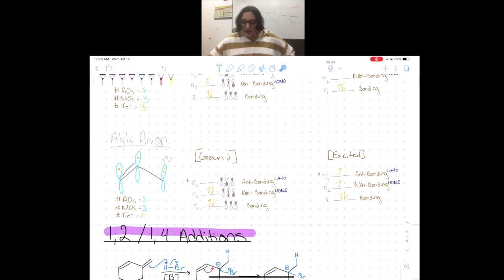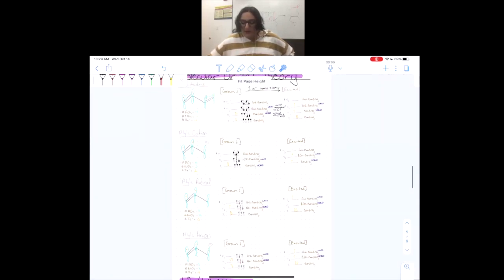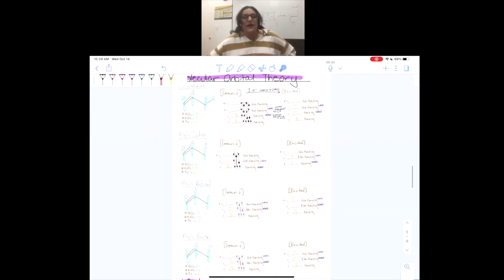As you can see, molecular orbital theory looks like a lot, but it's not too much that you have to know for this class. All you really have to know is what an orbital is. A pi bond means that you have p orbitals, and if you have a cation, anion, or radical, that also means you have a p orbital.